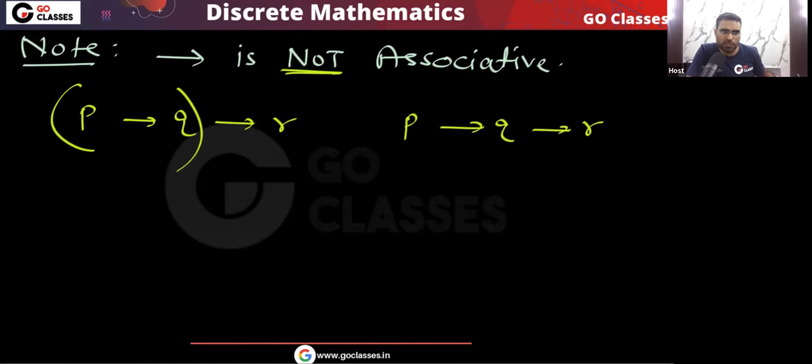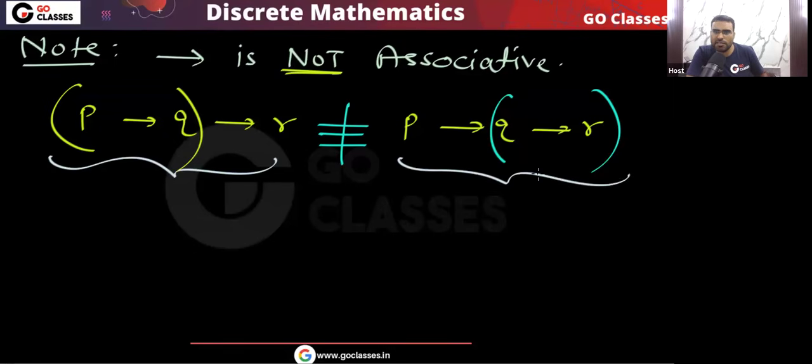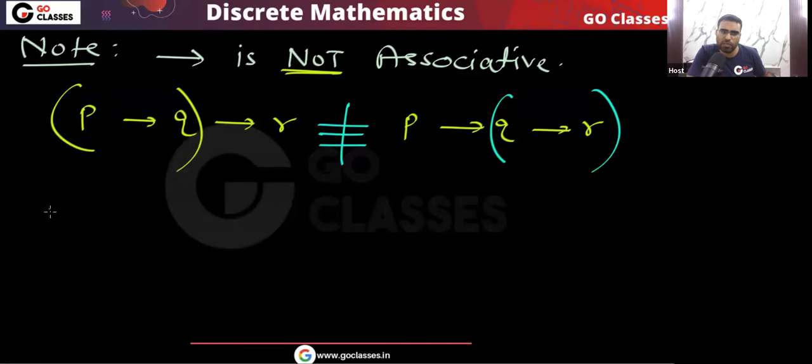Basically, what I want to prove is that P implies Q implies R. Okay, P implies Q implies R. I want to prove that if you do the first implication first, or if you do the second implication first, they can give you a different result. These two expressions are not equivalent. They can give you a different result. Can you give me a situation where this LHS and RHS will give you different results?